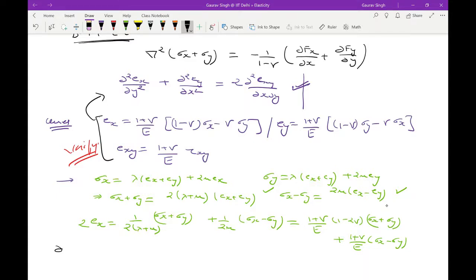So ∂²/∂y² of epsilon x is what? (1 plus nu)/E times [(1 minus nu) sigma x minus nu sigma y].